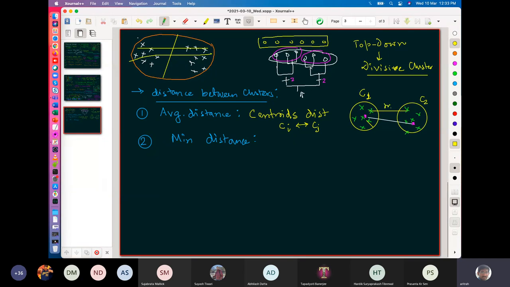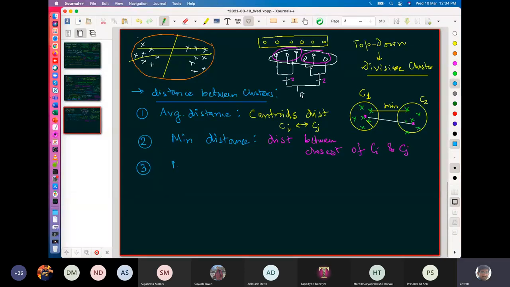I will take the minimum among all the distances between pairs of points that lie from one cluster to the other, and take the minimum among them. So it is the distance between the closest points of Ci and Cj.